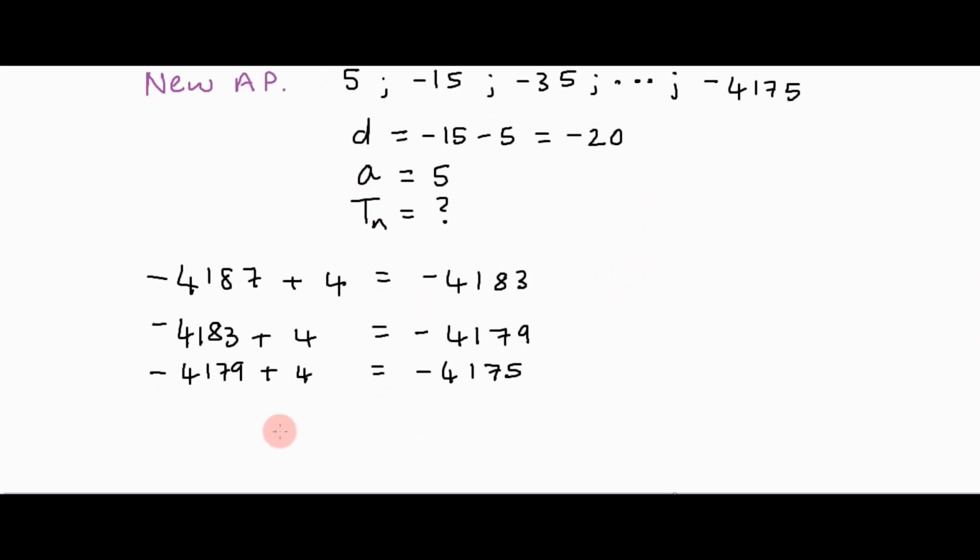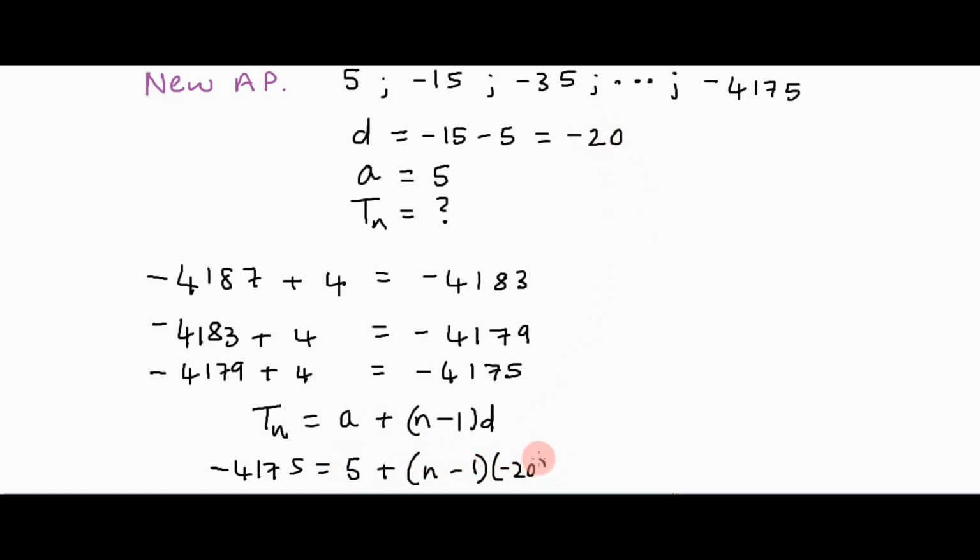So we just plug into the equation t sub n equals a plus n minus 1 times d. So t sub n is minus 4,175. A is the first term, that's 5, plus n minus 1 times d. And we saw that d was negative 20 for this new AP. And just solving for n, we can bring the 5 to the left-hand side.